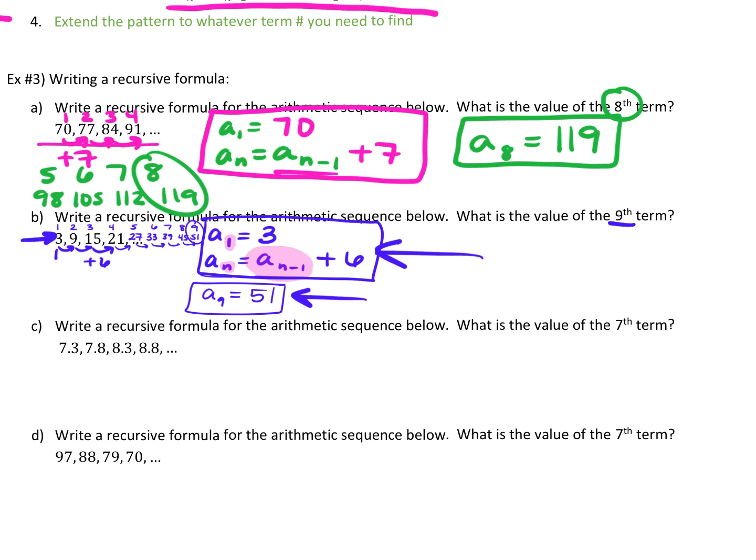We started at 3. So you're having to add 6, starting at 3, 9 times. Can't you just do that and then subtract 3 though? On a situation like this, that works, yep. But don't do that. That's the explicit formula. We're going to get there.